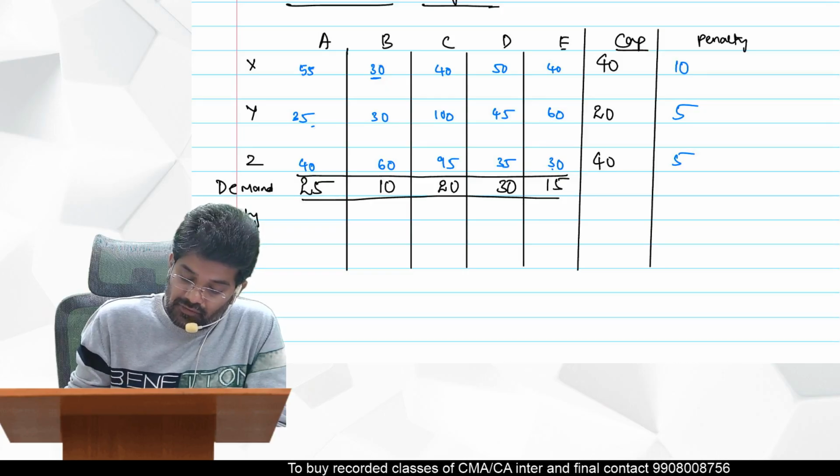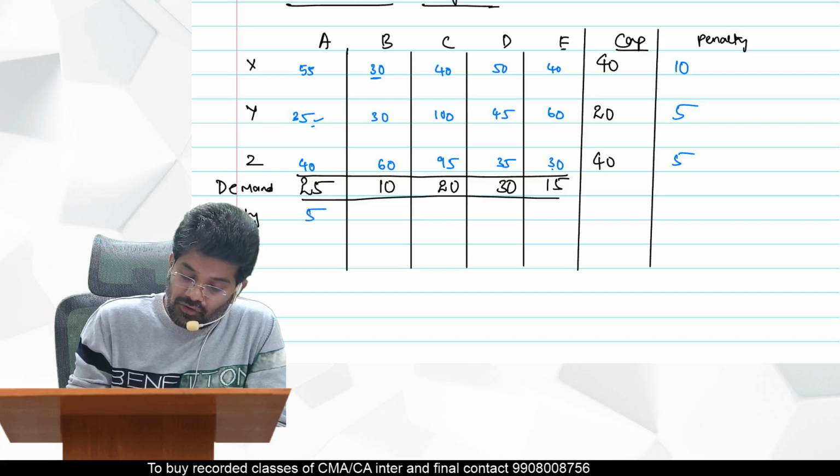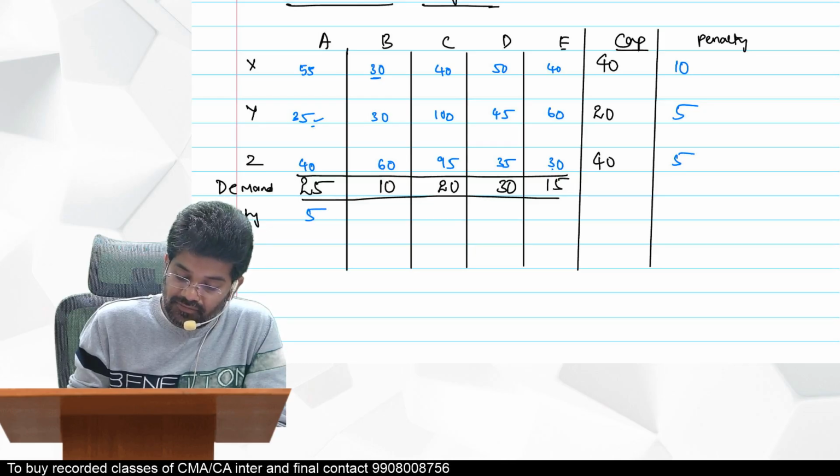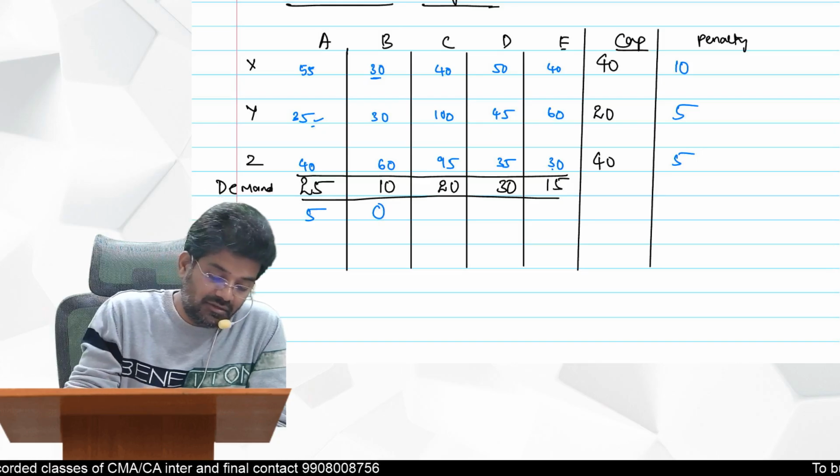So what is the penalty here? First least cost is 35, so 5. Now you have the same least cost, 30 and 30, so you should take 0 here. You should be very careful there.